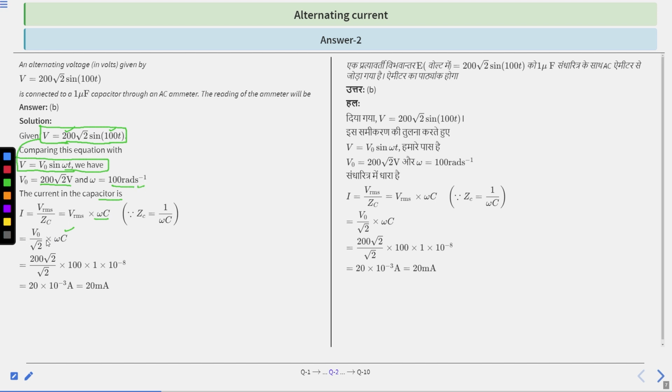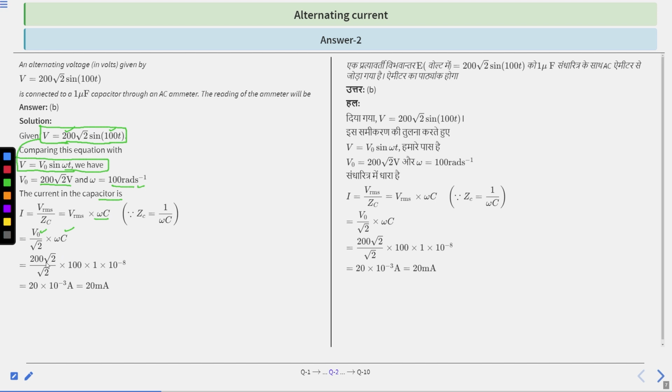Calculating this, you will get I equal to 200 root 2 divided by root 2, where 200 root 2 is V naught, given in this question, multiplied by 100, which is omega, and multiplied by 1 into 10 raised to the power minus 8, which is the value of C. Clear?